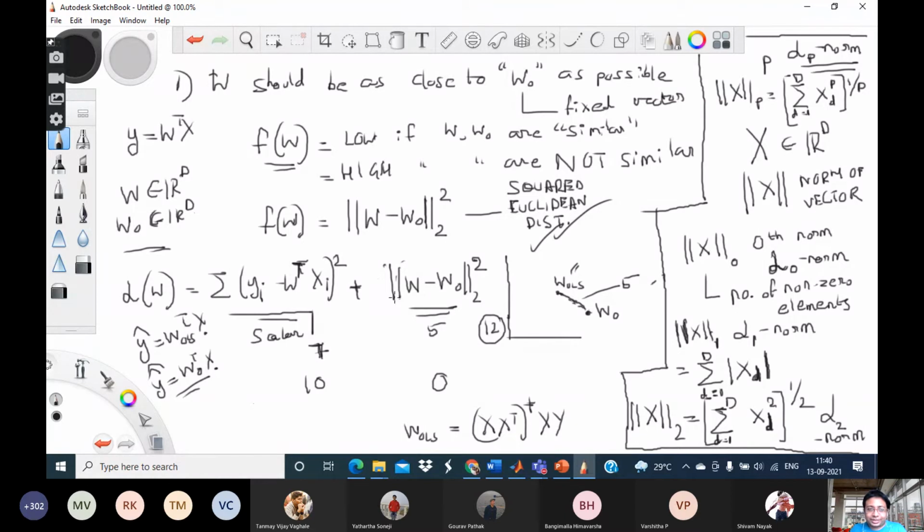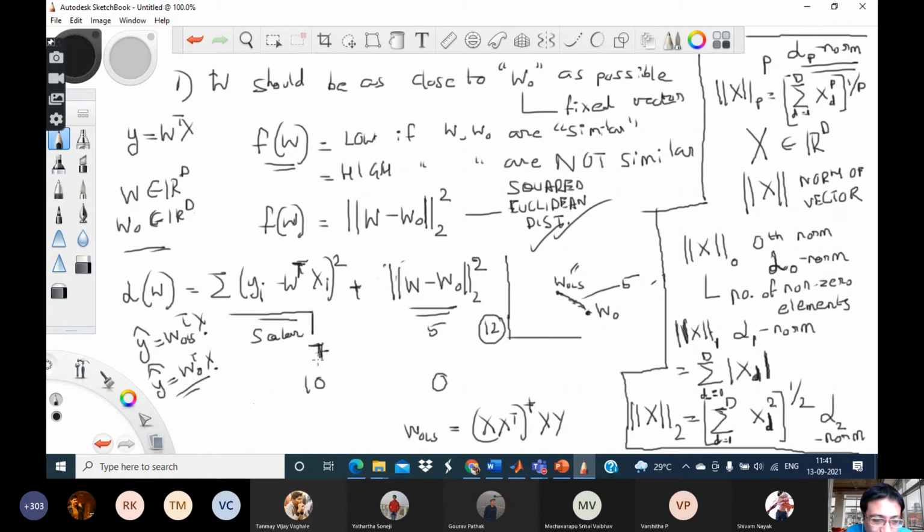As you saw, I incurred some loss here when I moved from WOLS to W naught. I incurred some loss here and some gain here. The gain seemed to be more than the loss, so I shifted from WOLS to W naught.